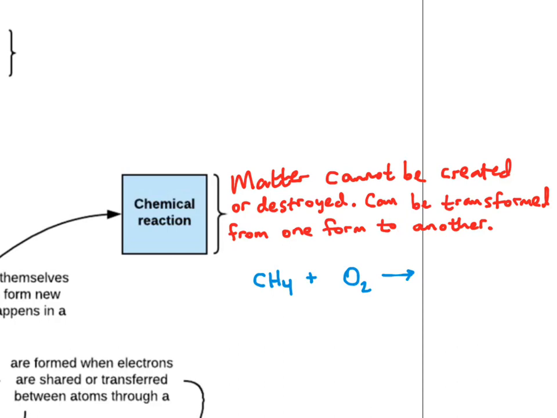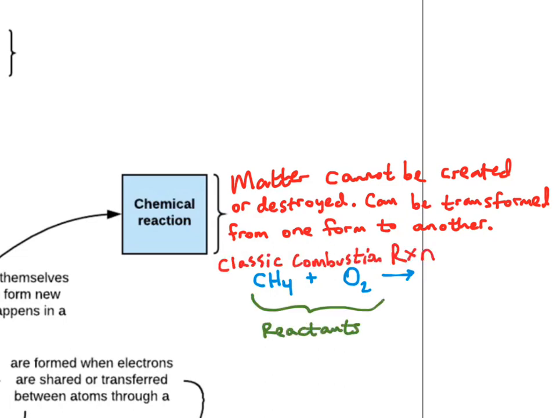I've got methane, CH4, and when it combines with O2 along with some energy, the reactants right there, it will produce carbon dioxide and water. In fact, any combustion reaction will always create CO2 and H2O. The reactants in this case are the methane and the O2, and the products are on the other side of the equation, CO2 and H2O.